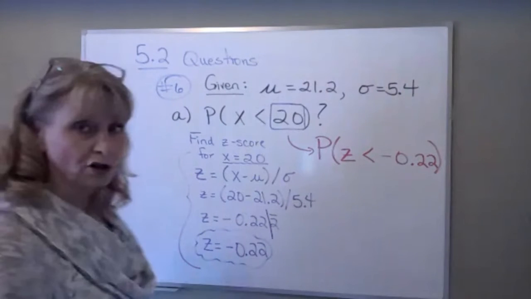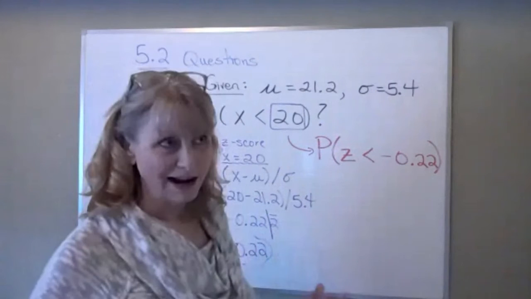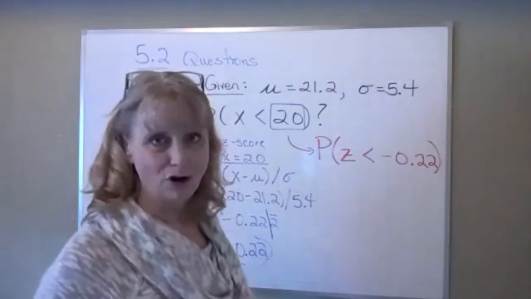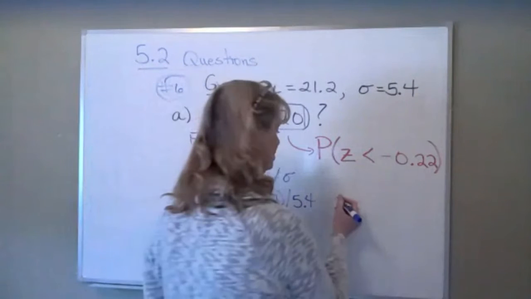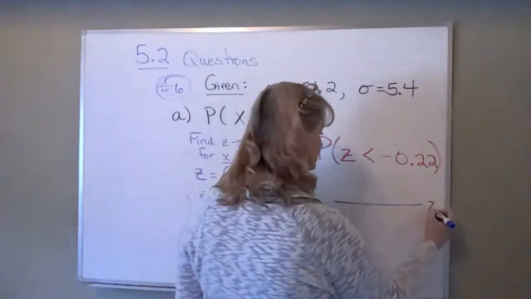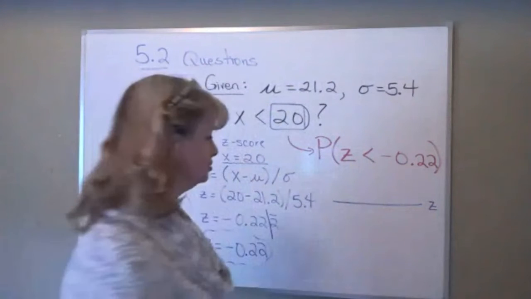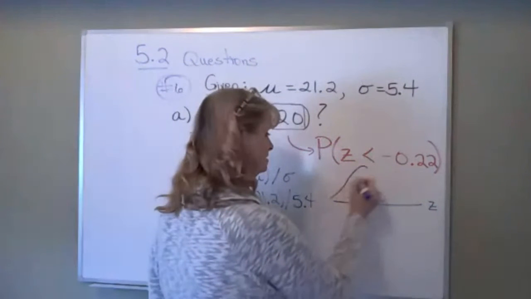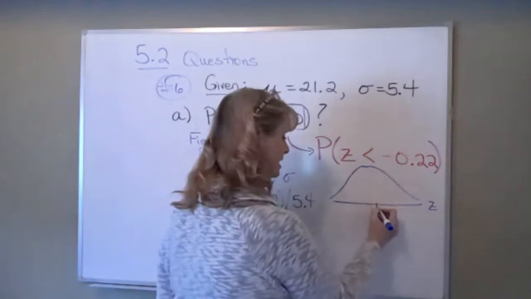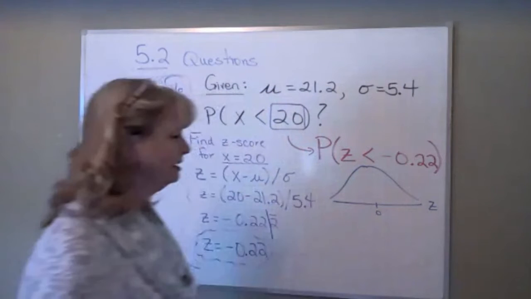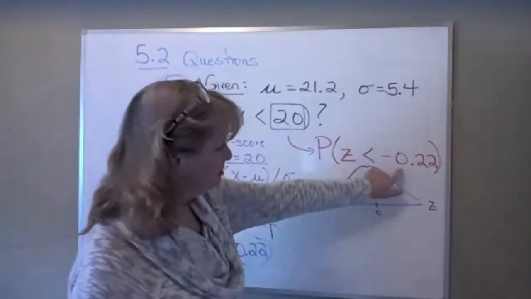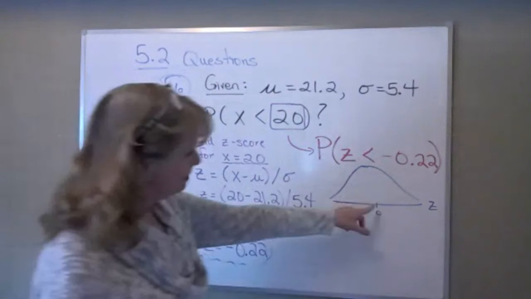I'm going to draw a picture of this, even though less than is right in the table, but still I want you to get in the habit of drawing a picture. So I'm going to draw a small picture of the standard normal distribution, that uses z-scores, that has 0 in the middle. And I'm going to put this z-score on my picture.